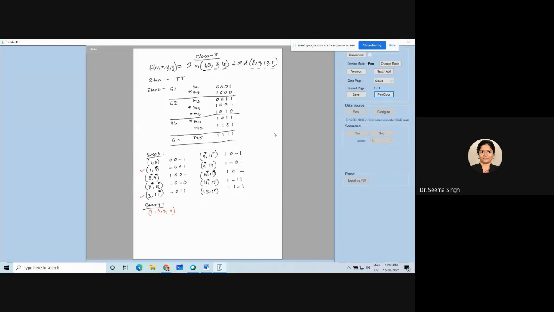And out of this, which all are don't care? 9 is a don't care and 11 is a don't care. So 9 and 11 is marked, and it will be written as dash 0 dash 1. I hope these steps are clear to you people. So based upon the first place of the dash, I have completed.